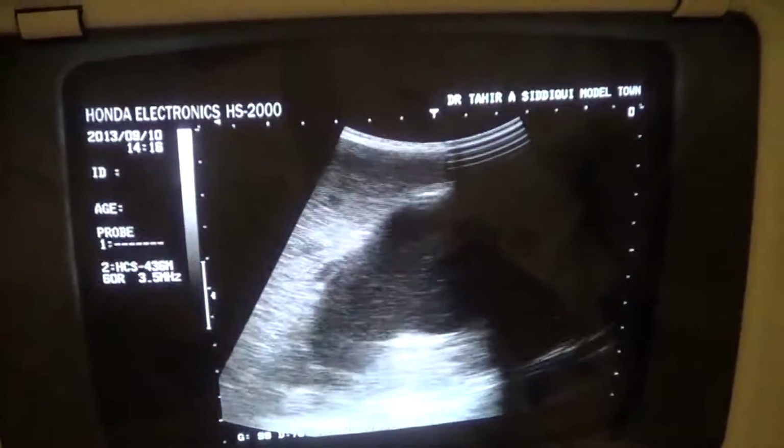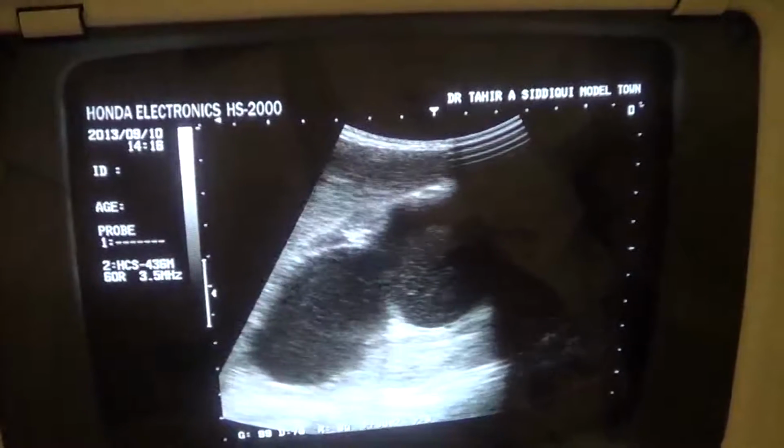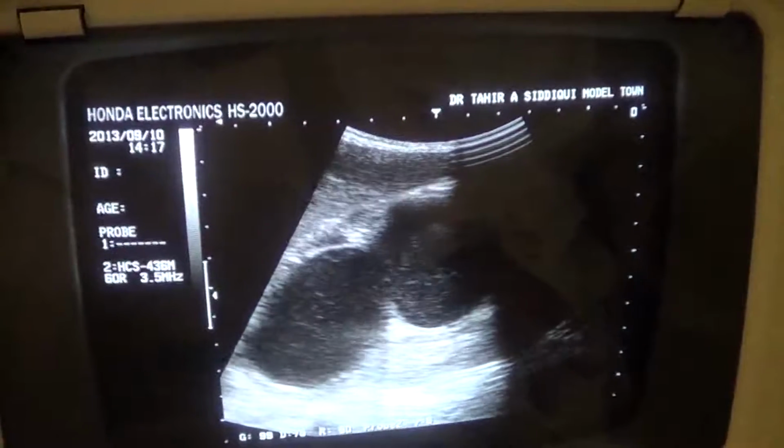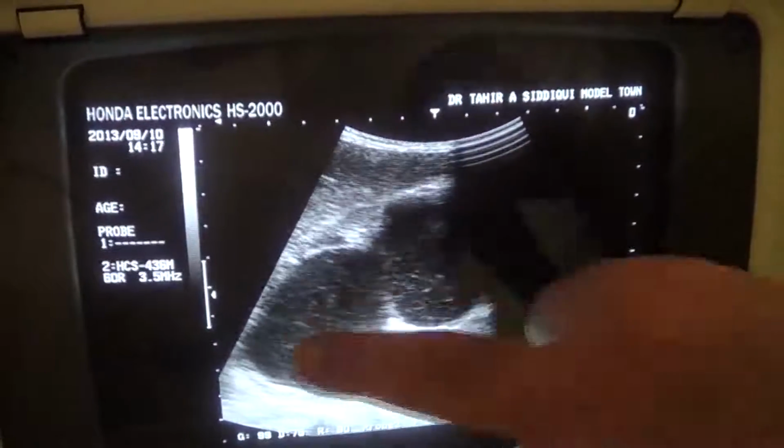You see, these are the upper pole calyces. You can see the movement in this region.